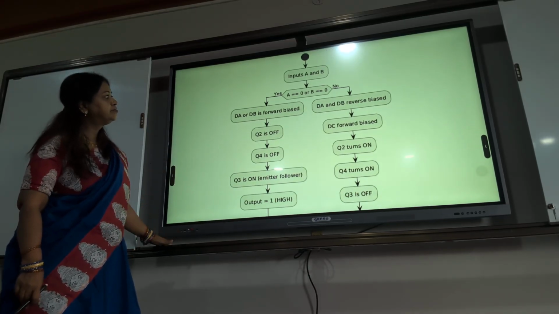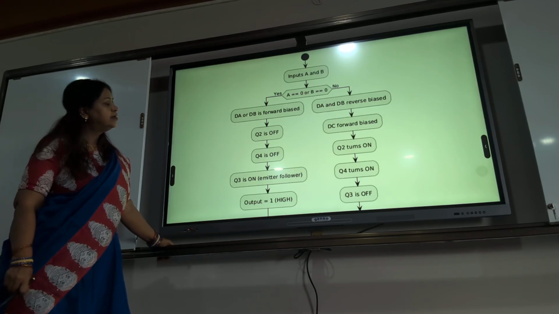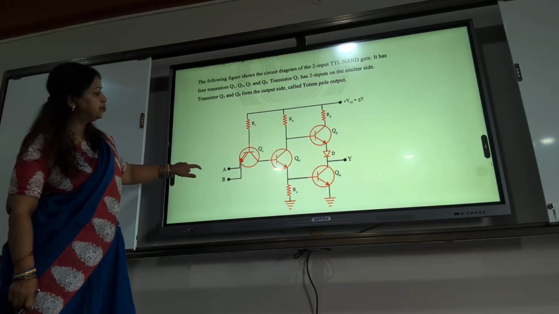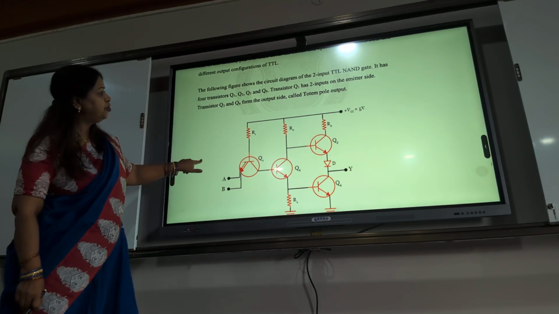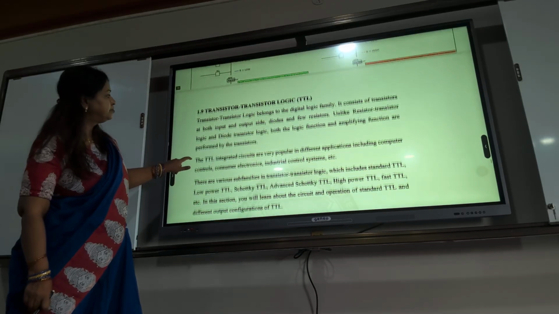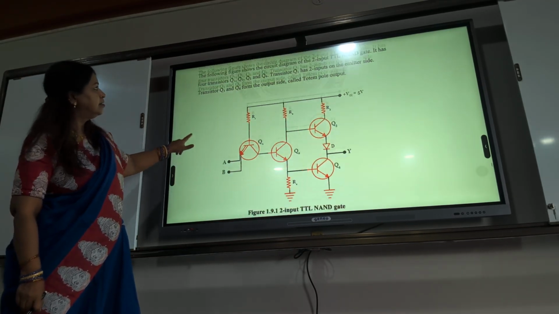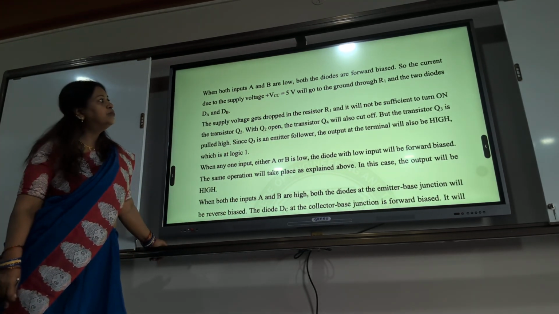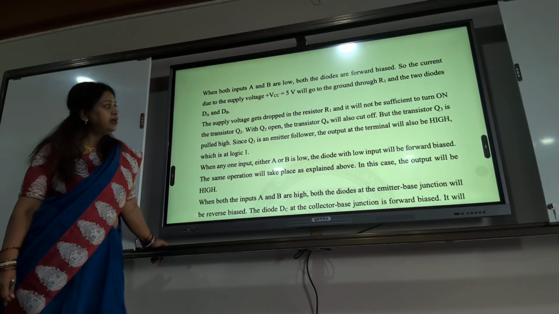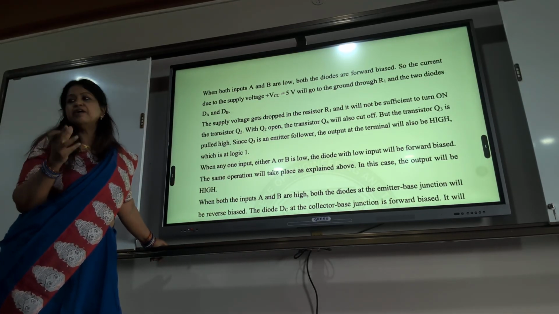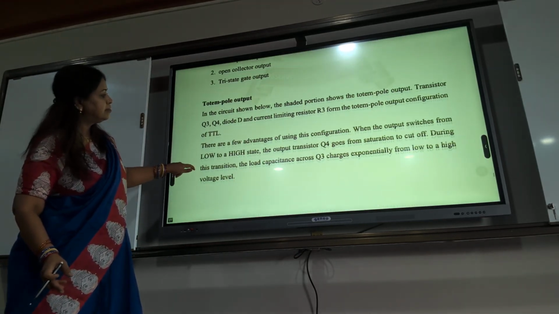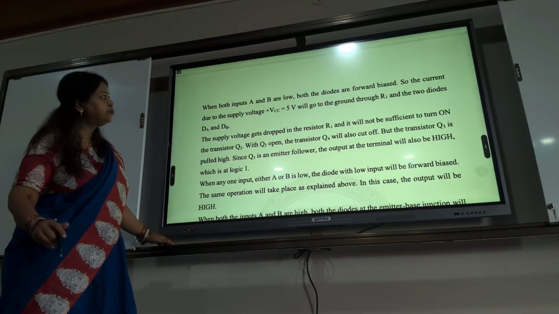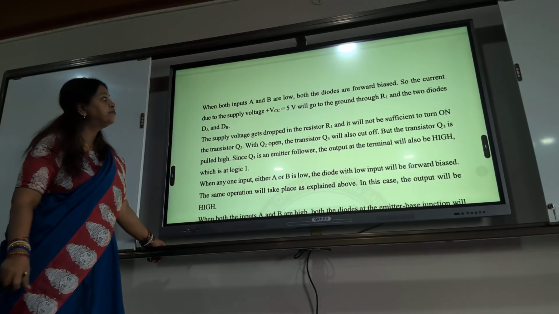Zero, zero. A equal to 0, B equal to 0. So when both the inputs are low, both the diodes conduct. Here we are assuming one junction as a diode. Your textbook would have given you a diode diagram.